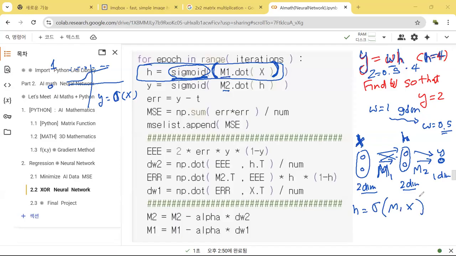Also, M2 times H, after that taking the sigmoid, let this be Y. Sometimes Y hat or Y or O, we use many different letters to represent the same output.